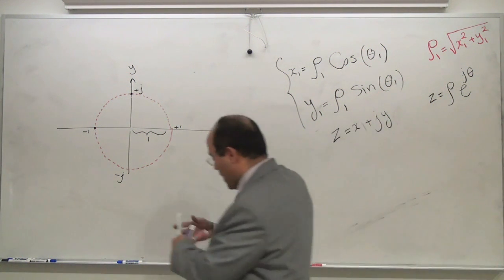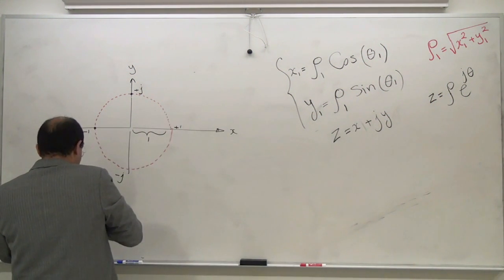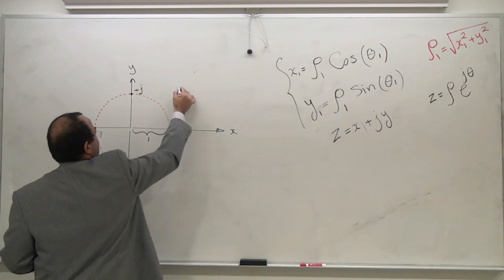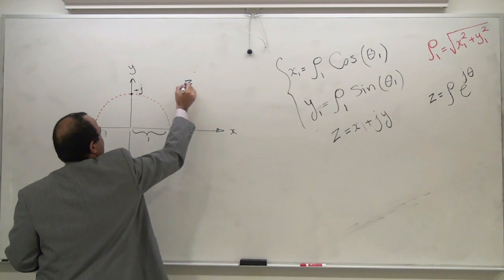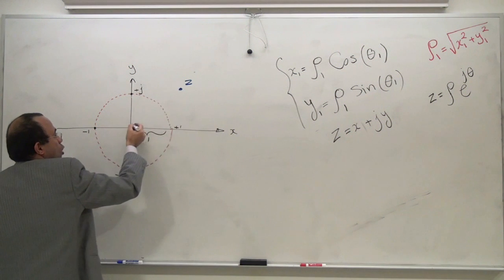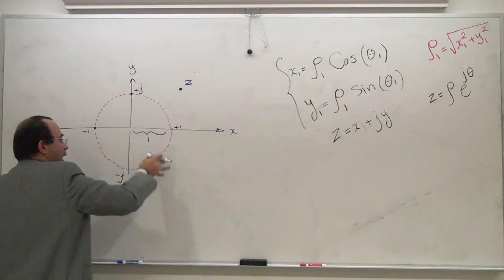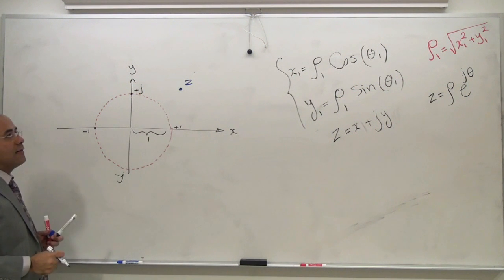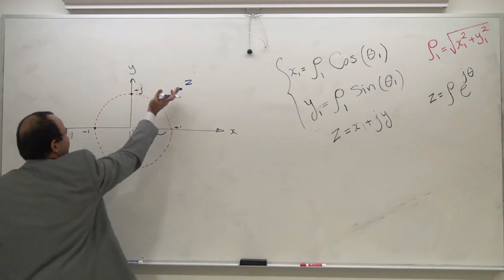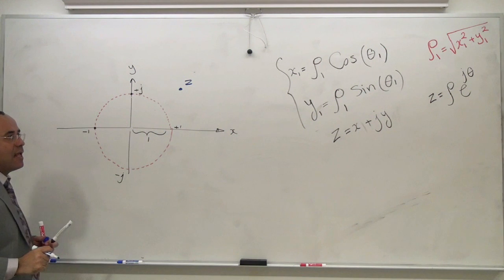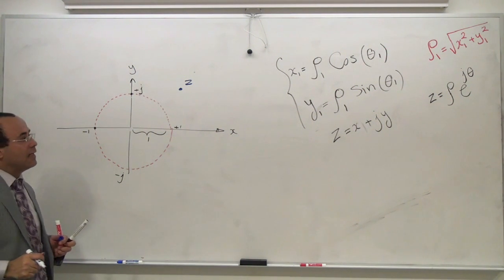Well, if you have any point in the space, generally speaking, as you can see, if this is the point in the space and it has a distance of rho 1, the shadow of this line on the x-axis is rho 1 cosine theta 1. The shadow of this on the y-axis is rho 1 sine of theta 1.